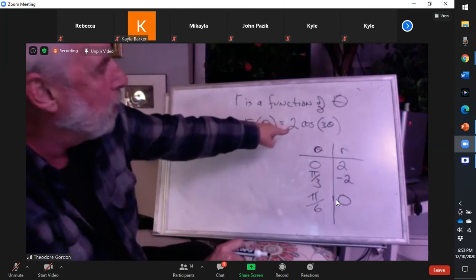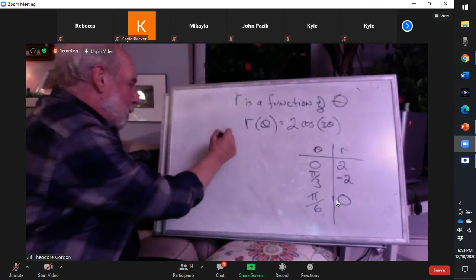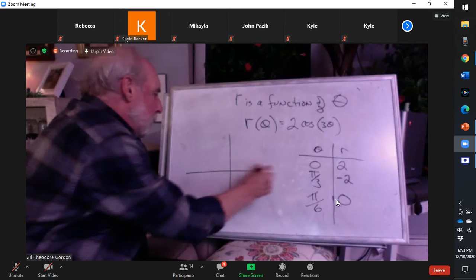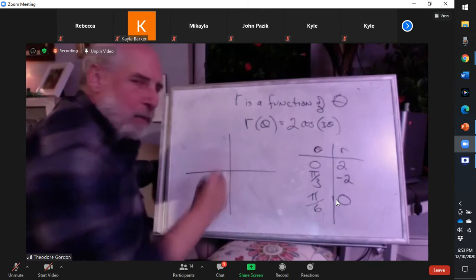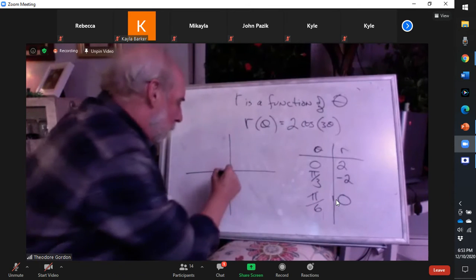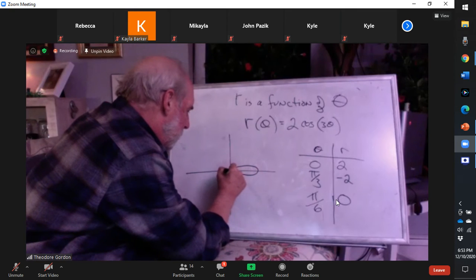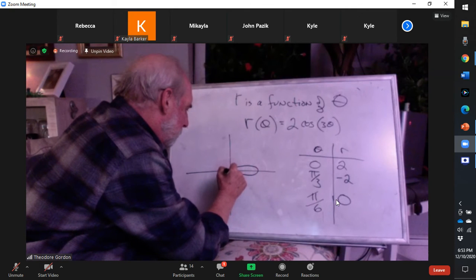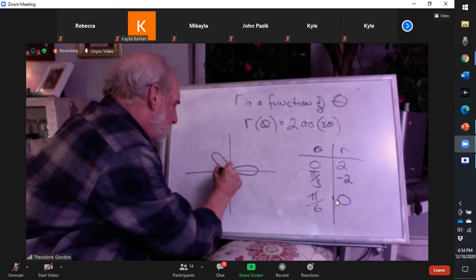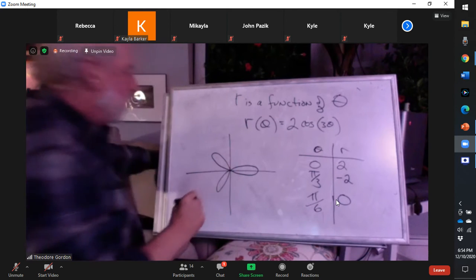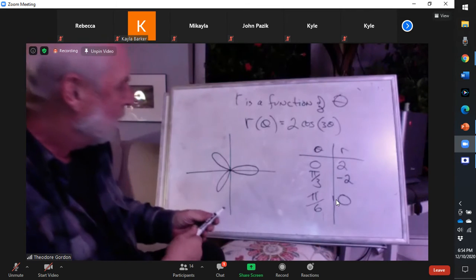I'm going to show you what this graph looks like. It's not going to be a very good drawing, by the way. It looks something sort of like that anyhow.